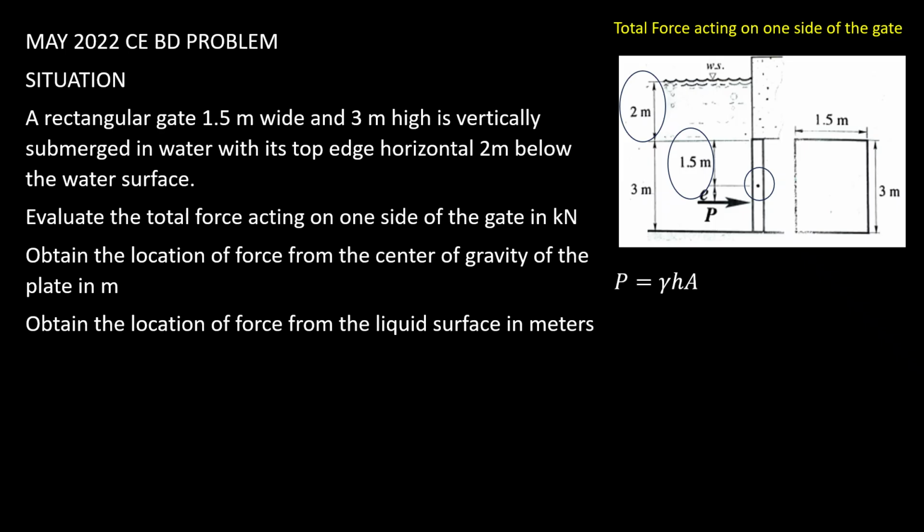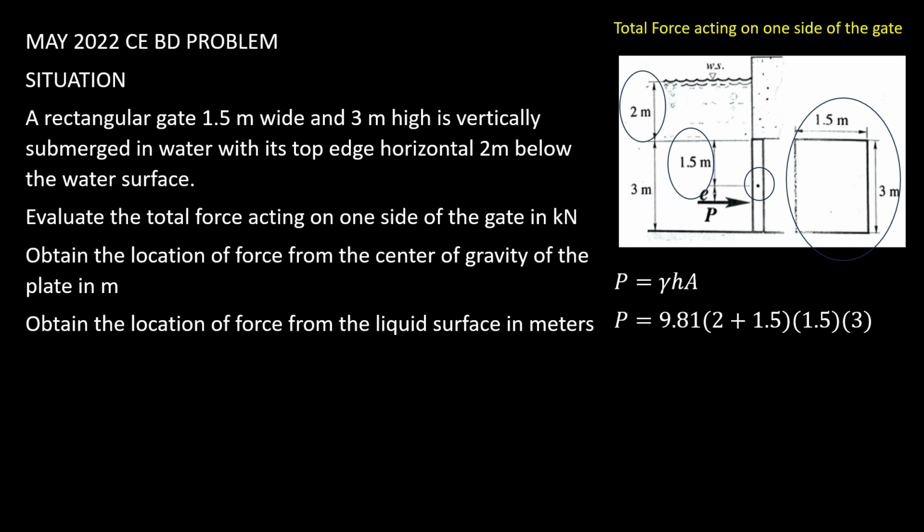And the formula that we're going to use to solve for the force acting on one side of the gate is equal to unit weight of water times the depth of 3.5 meters and times the area. Coming up next, we need to compute for the area of the encircled object, 1.5 times 3 meters.